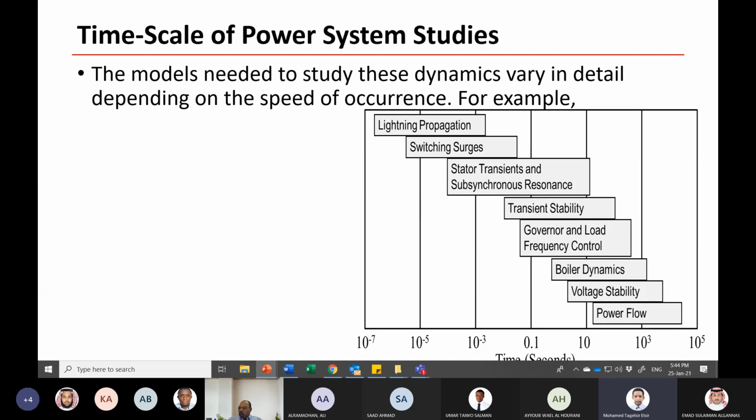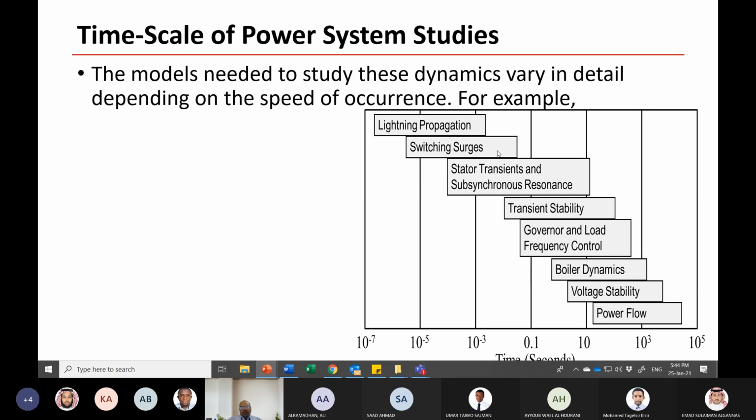It's algebraic equations, nonlinear algebraic equations, solved by iterative methods, which are Newton-Raphson or Gauss-Seidel. So it is algebraic equations, and there is no dynamics. Dynamics means you have a differential equation. Something varies with time. You have dx by dt. So this is the dynamics here.